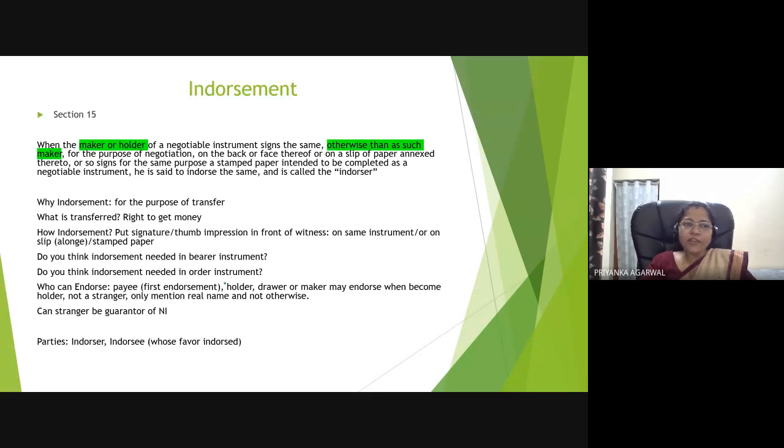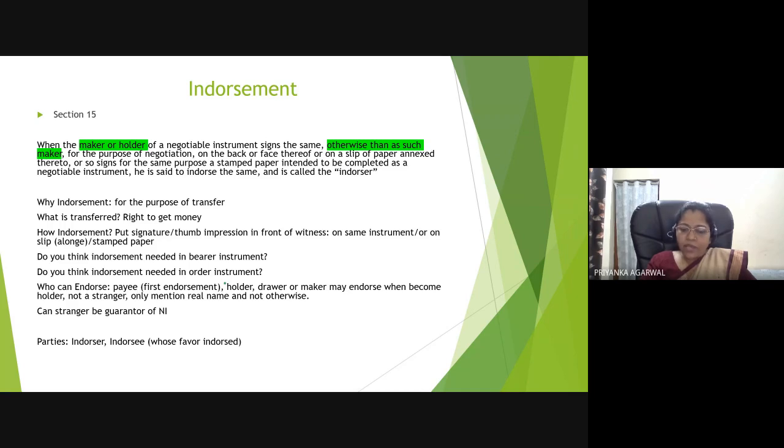Think of a scenario wherein a maker can endorse the instrument, because initially always a payee can endorse the instrument, not a maker. If I, being a maker, have to pay say Mr. X, then when I am issuing that negotiable instrument for that amount and giving it to X, I have given it to X that I owe you this amount and I will pay you on this particular date.